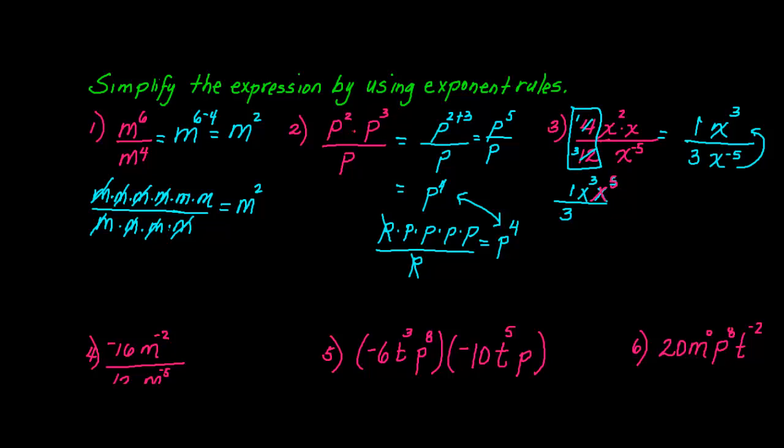And now what I have is, in the numerator, x cubed and x to the 5th, I'm multiplying them. That means I can add the exponents. So this becomes x to the 8th power. And in the denominator, what's left is 3. So here's your answer. A lot of students ask, what happened to the 1?